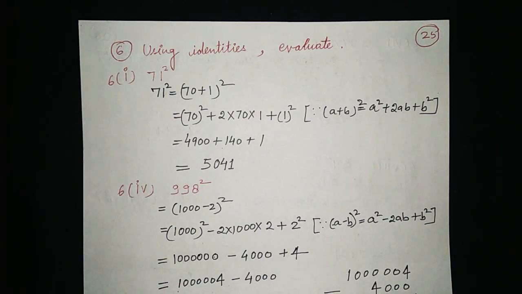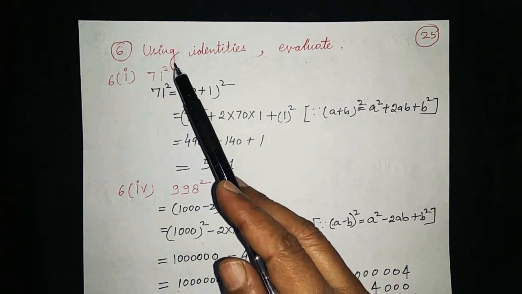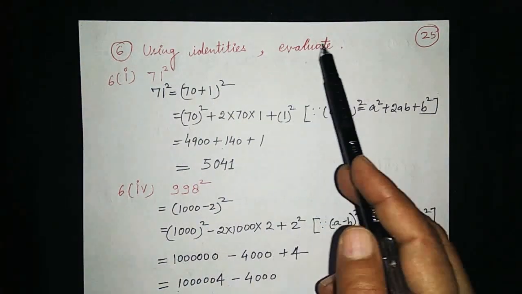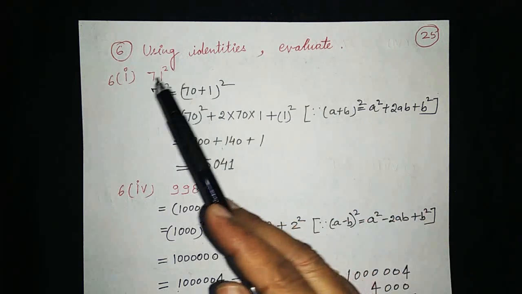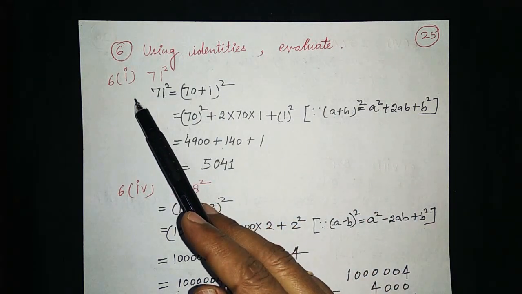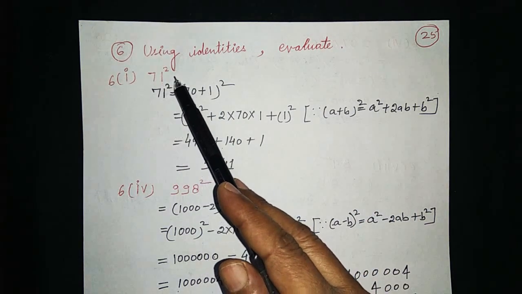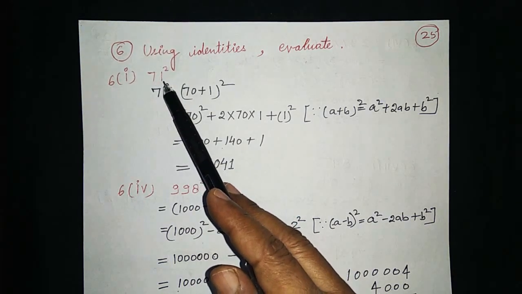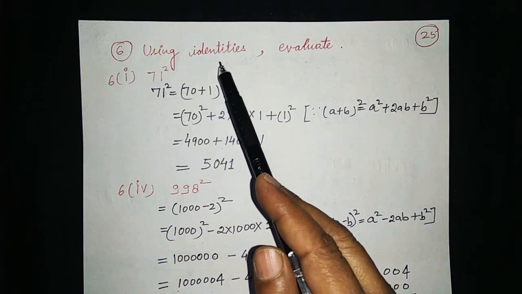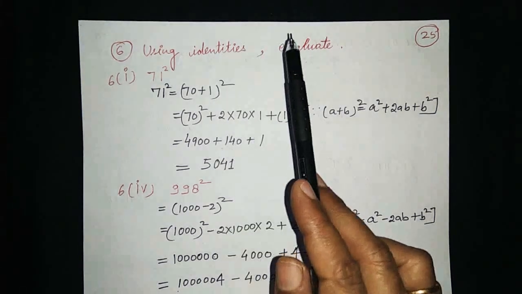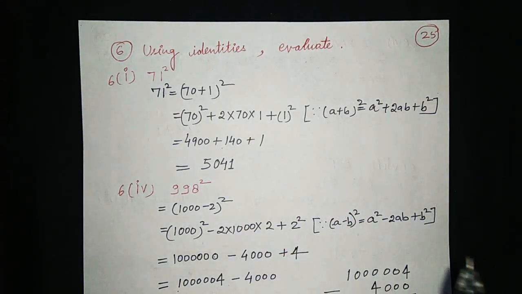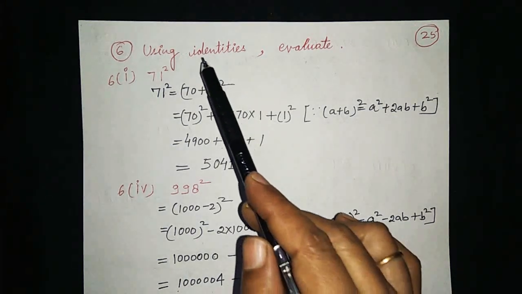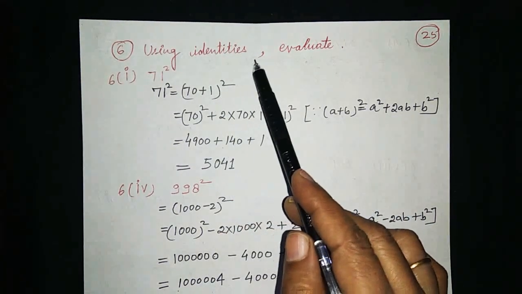Now students, see the sixth question. Using identities, evaluate. Here see the first part of question number 6. 71 square. To solve this 71 square, you will not multiply 71 into 71, because here you have to use an identity.